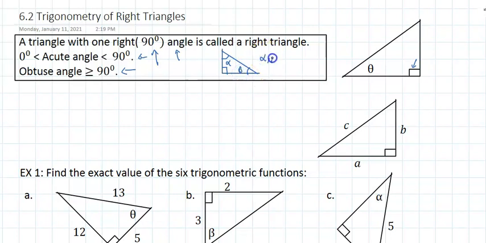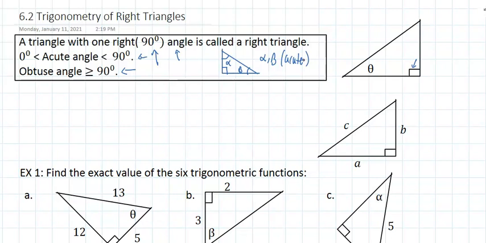So alpha and beta must both be acute. Remember, the sum of the three angles in any triangle must add up to 180. If one angle is 90, the other two angles can't be more than 90 each. So they both must be less than 90. Together they should add up to 90.